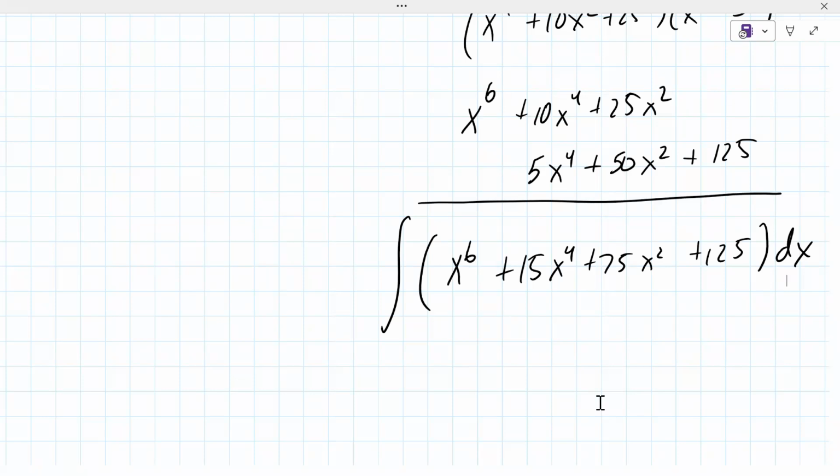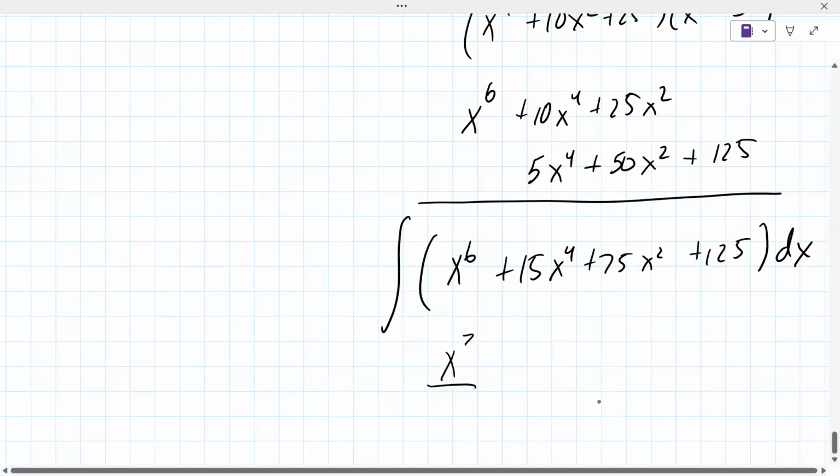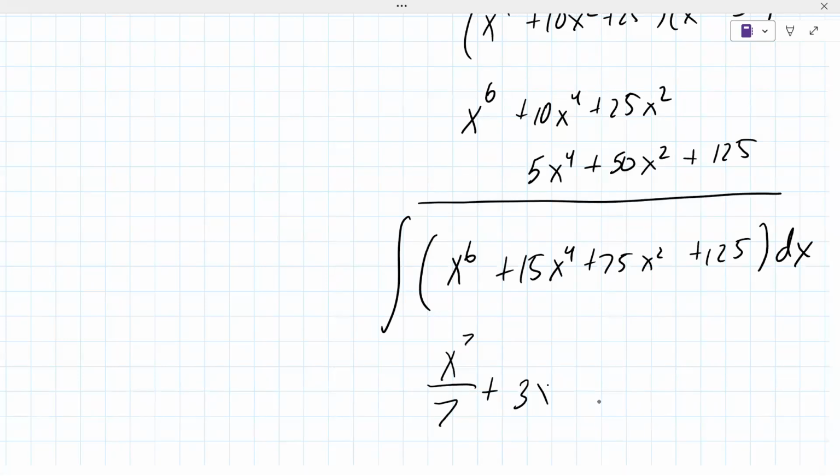Okay, I got x to the power 7 over 7 plus 3x to the fifth power plus 25x to the third power plus 125x plus c. You're good. Yep. All right, we'll go back to 17 now. That's the last of the polynomials anyway.